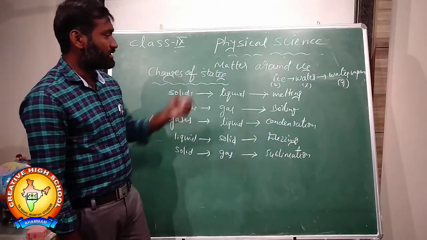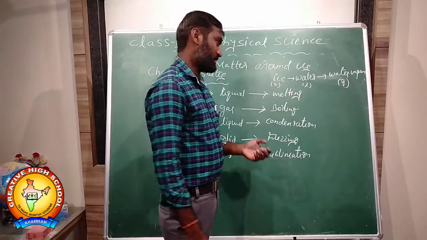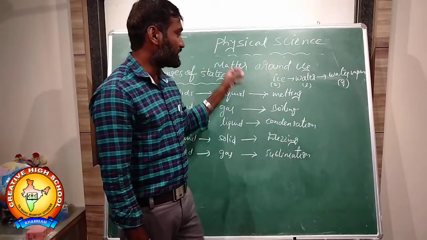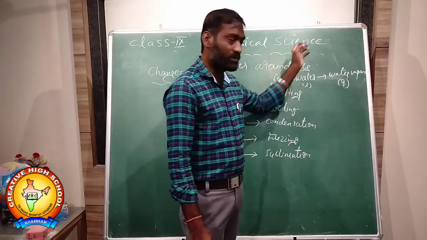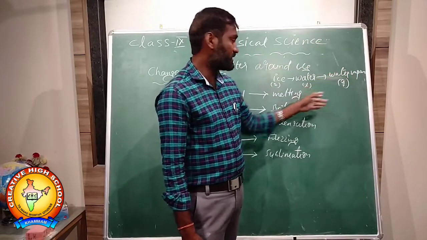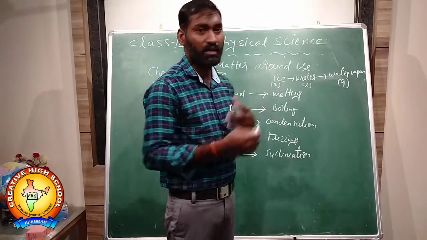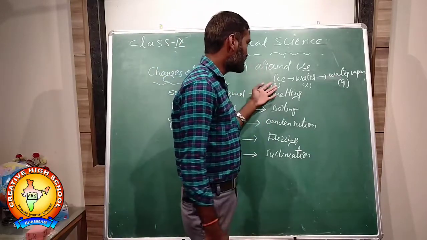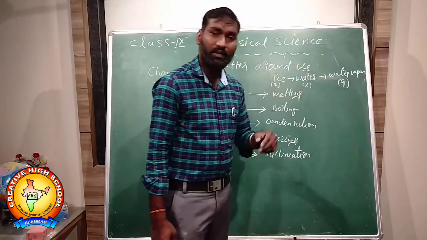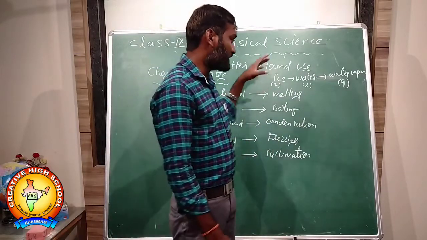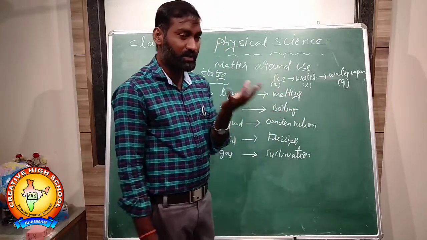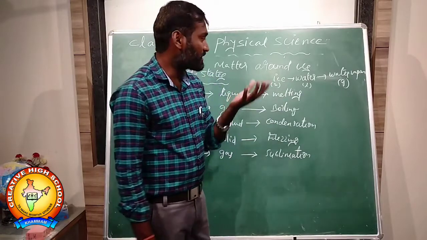Ice is a solid state, water is a liquid state, water vapor is a gaseous state. So solid converted into liquid converted into gas. The best example you can see in our home. This occurs naturally. So ice, water and vapor. When you take ice and keep it in your palm, why does that ice melt?